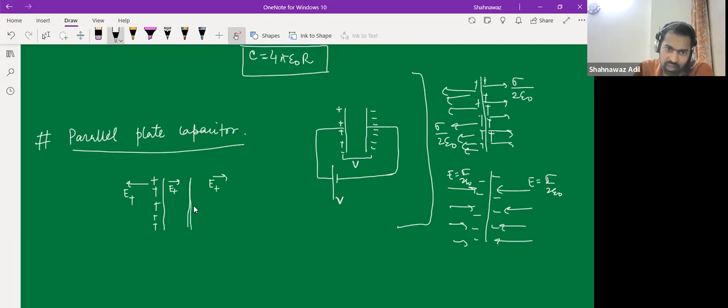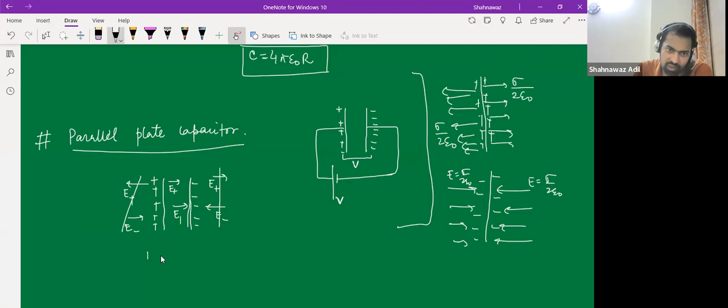And this is minus, so E minus would be in this direction in each region. So this part and this part cancel, and only the middle part will add up.